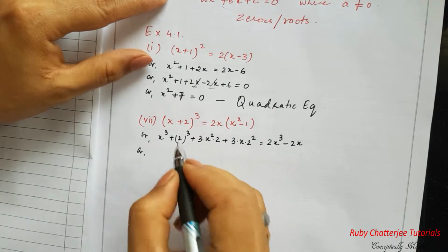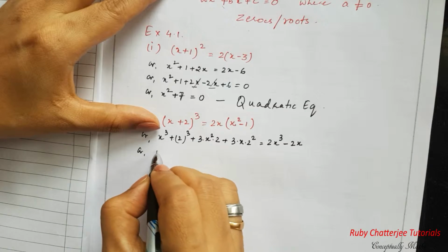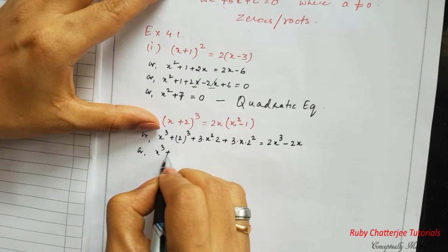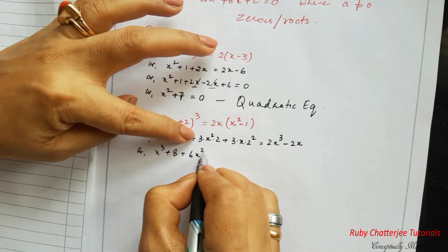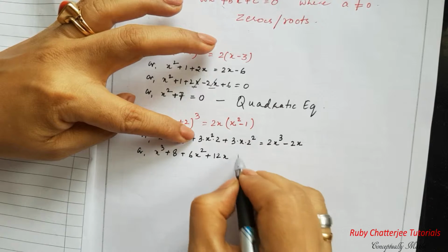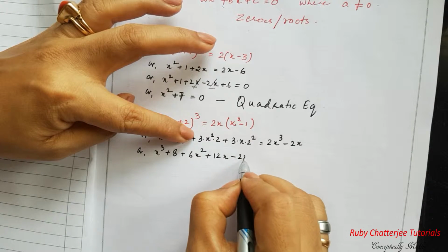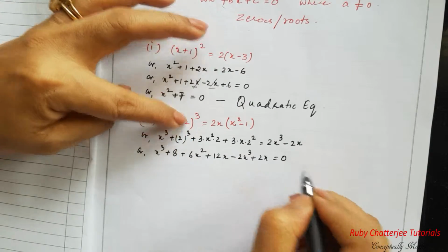Or bring them to this side, so this will give me x cube plus 8 plus 6x square plus 12x, this comes here, so minus 2x cube plus 2x equal to 0.